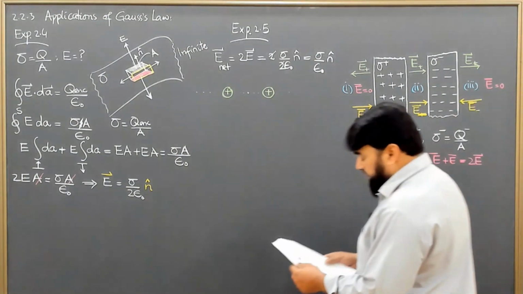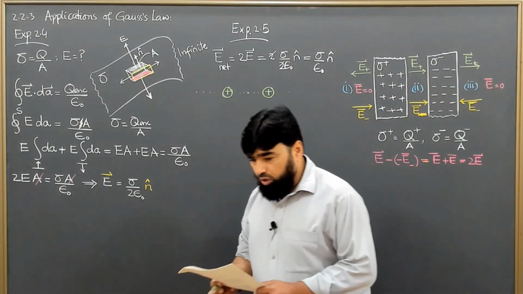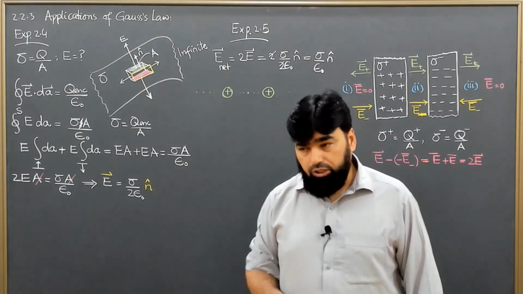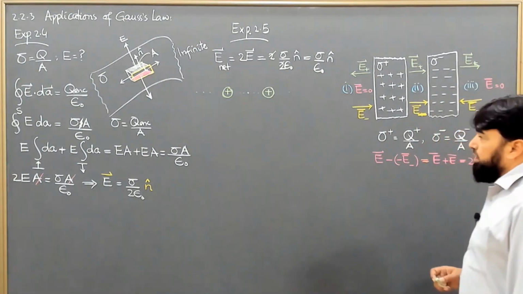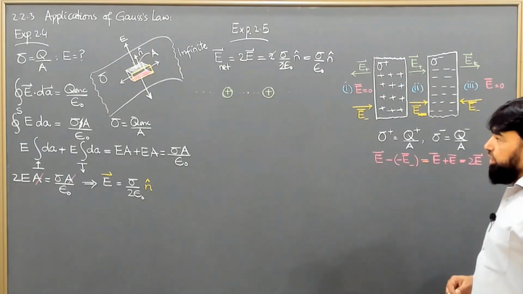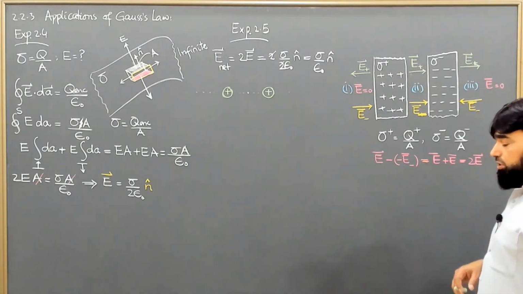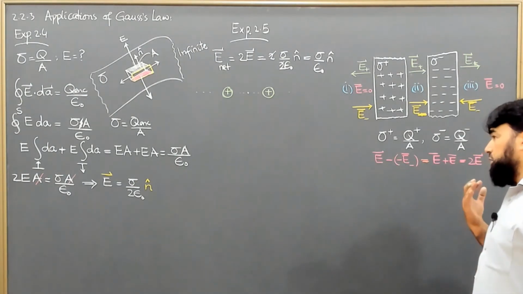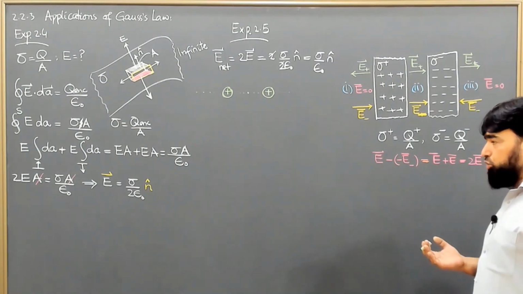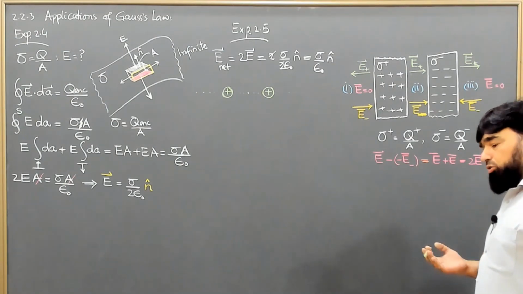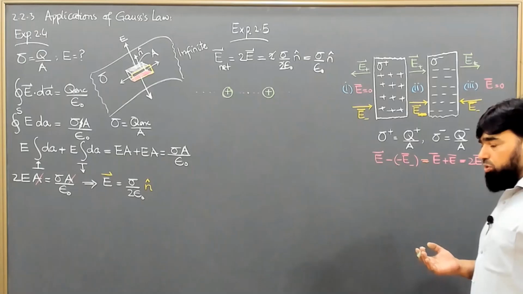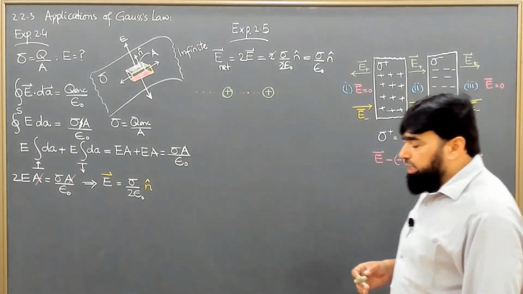So this way, we have solved some geometries, and the geometries are now complete. We solved the line geometry, the sheet geometry or the area geometry, and then the volume geometries we solved for two familiar surfaces.